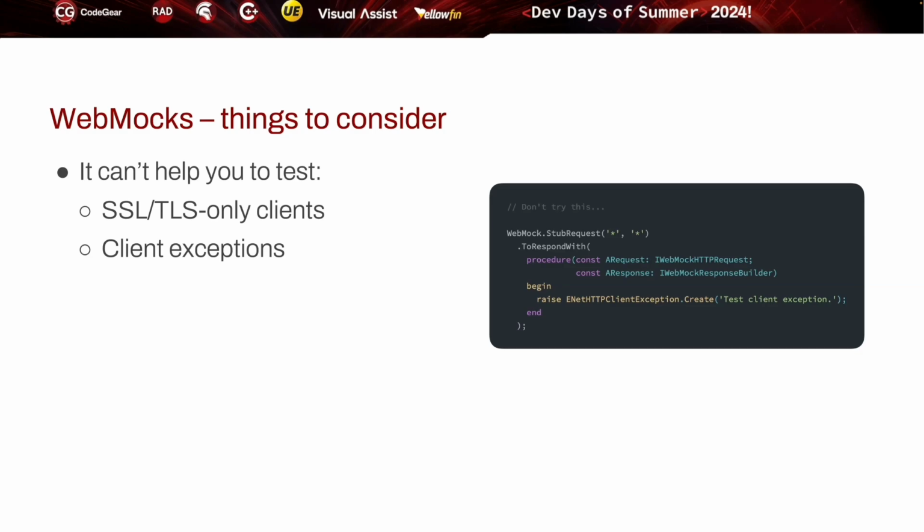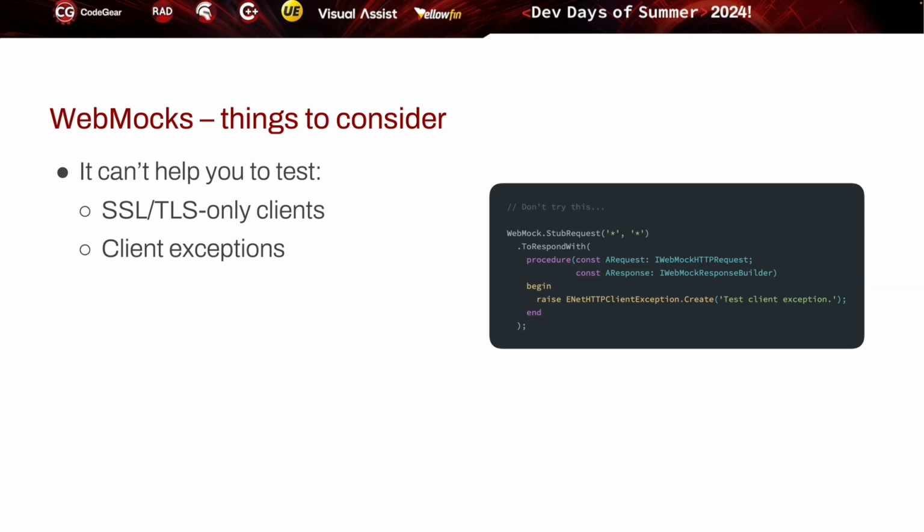The other thing is it can't help you to test client exceptions. And what I mean by that is this code on the right that I'm showing you here, don't try this. There's no point. It will just return you a 500 internal server error, because all that's going to do is raise an exception inside the Indy server. The Indy server is going to catch that and do what the Indy server does and respond with a 500 internal server error because it got an exception that it didn't know what to do with.